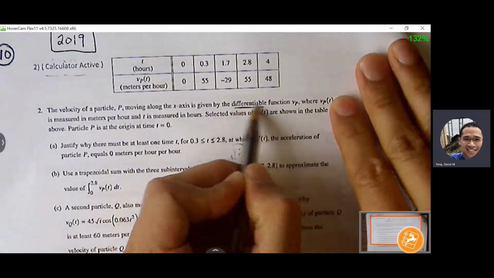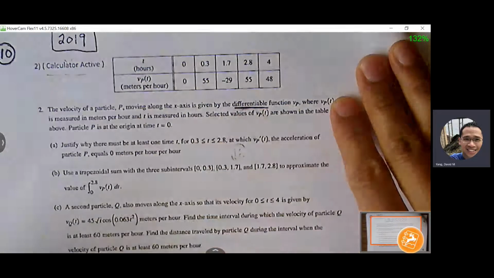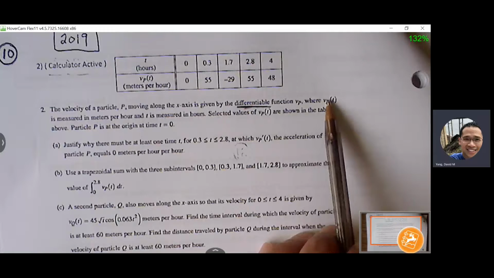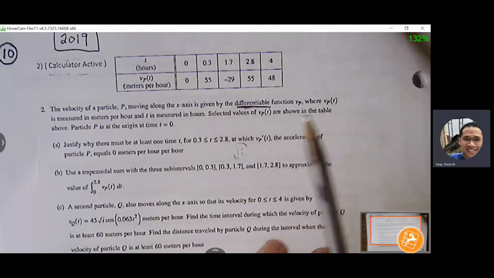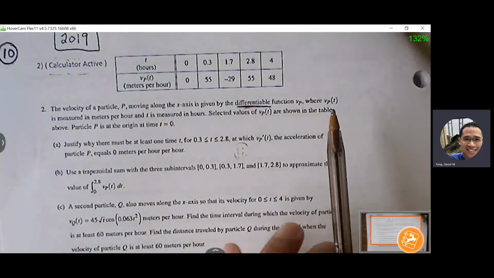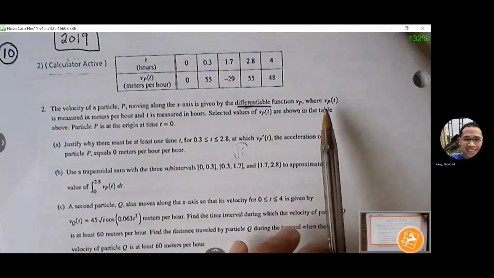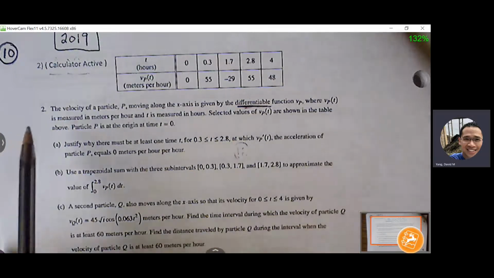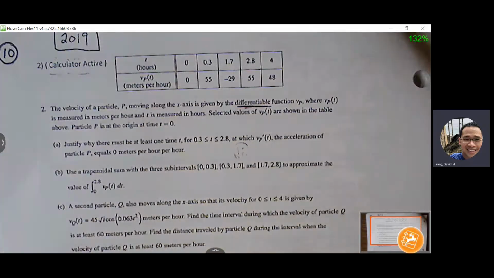Again, smooth curve, no sharp turns, no holes. V of t, you see that subscript P just means that it's talking about the velocity function for particle P. Usually they do this if there's another velocity function defined, which we're going to see later. So that's just telling us that that's the velocity function for particle P, measured in meters per hour, and t is measured in hours.